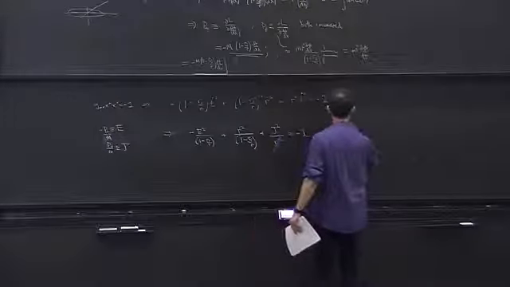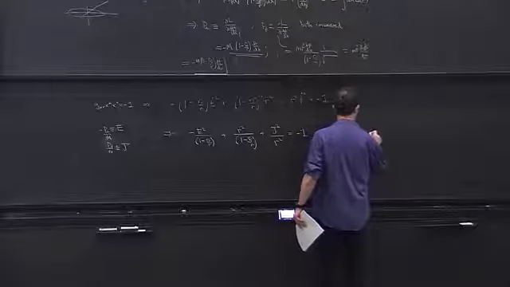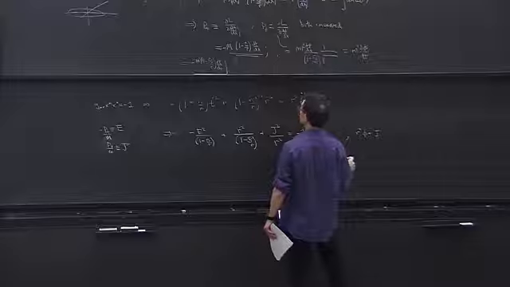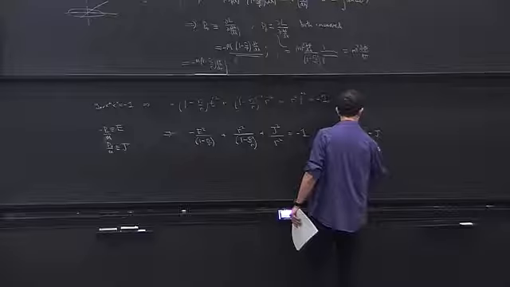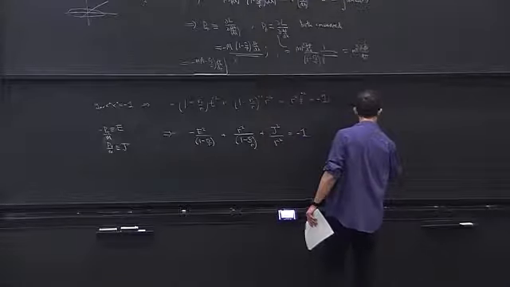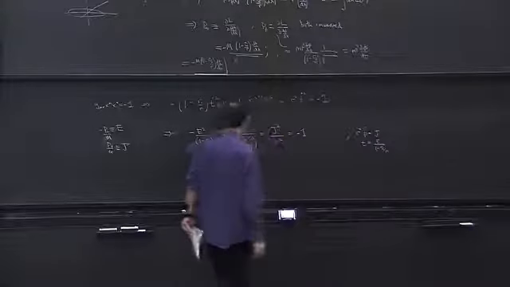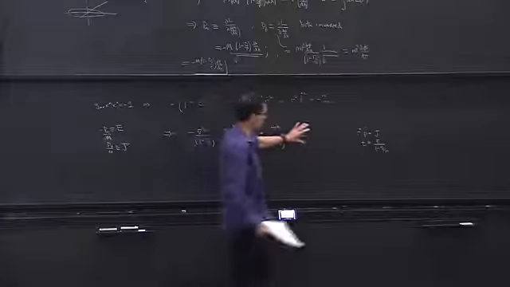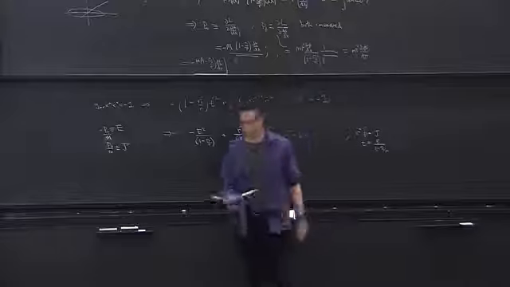So we've got r squared phi dot is equal to j, and we have t dot is equal to e over 1 minus rs over r. Okay, so once I've solved for r of tau, I just plug that solution in here and solve for phi of tau and t of tau.